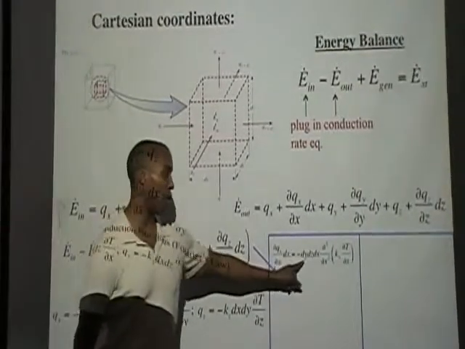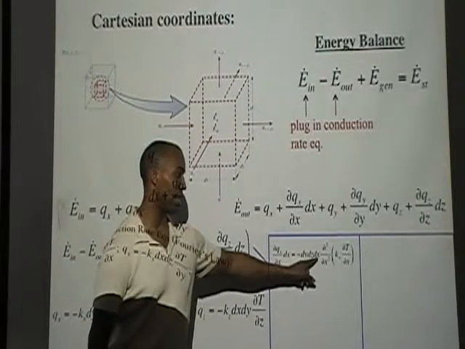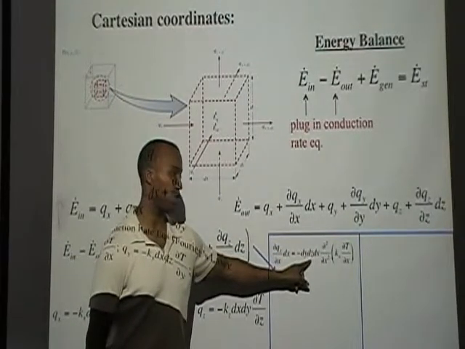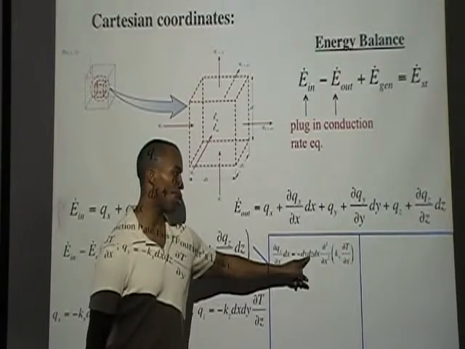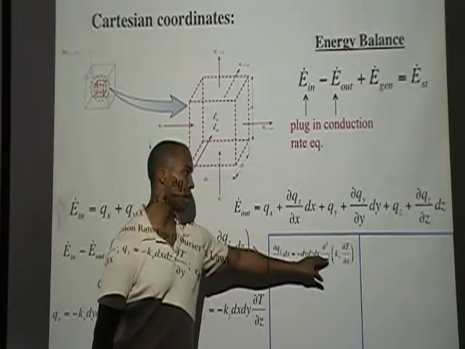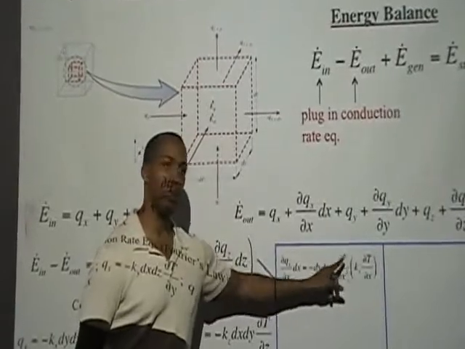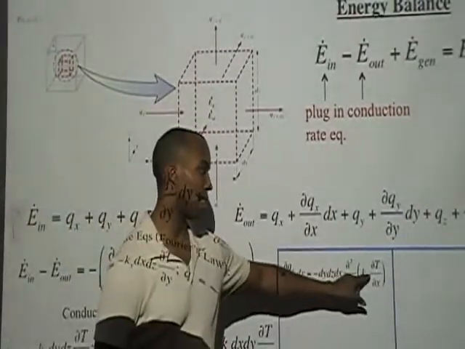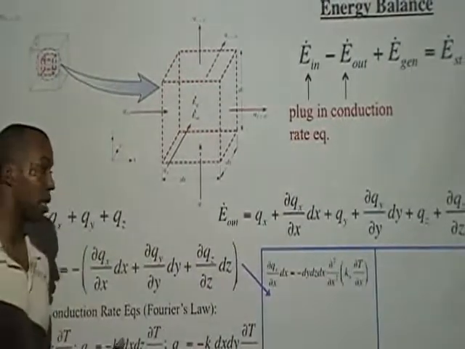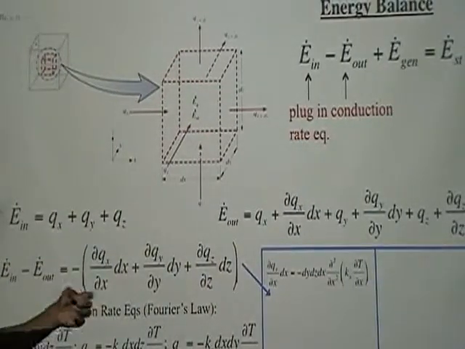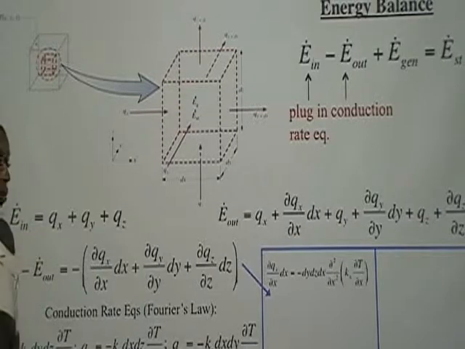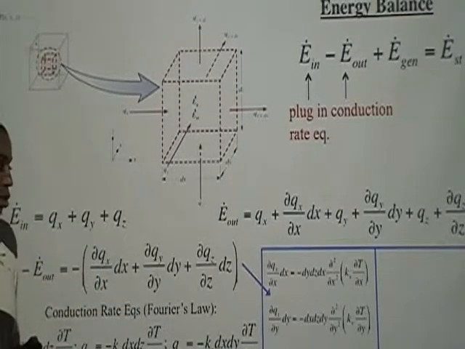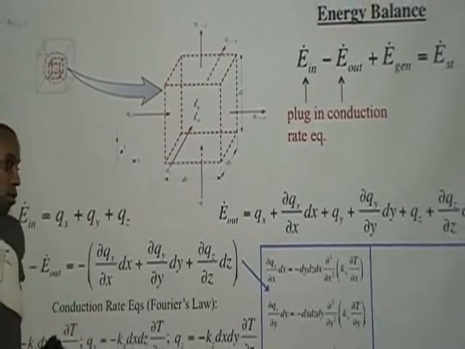So we end up with dy, dz, dx, which is basically the volume that we defined. It's our control volume. So now we have a minus our control volume times this second order partial derivative that has our thermal conductivity and our partial derivative of T with respect to x within it. We have the same thing for the y and z direction. You can see that on your paper. I just wanted you to see where that comes from.